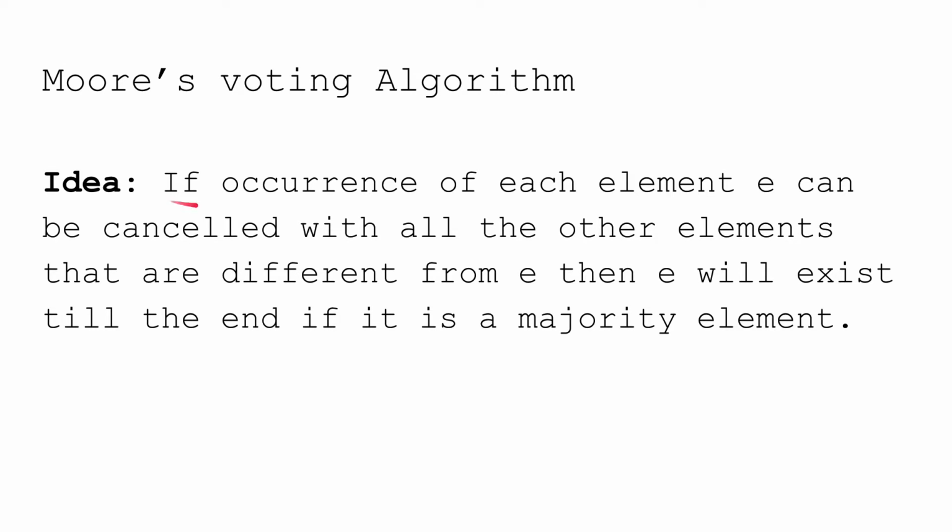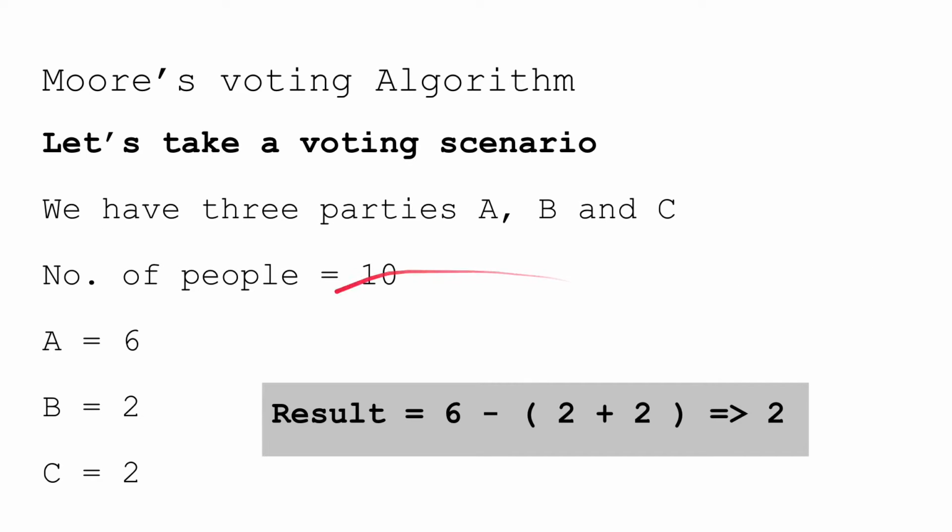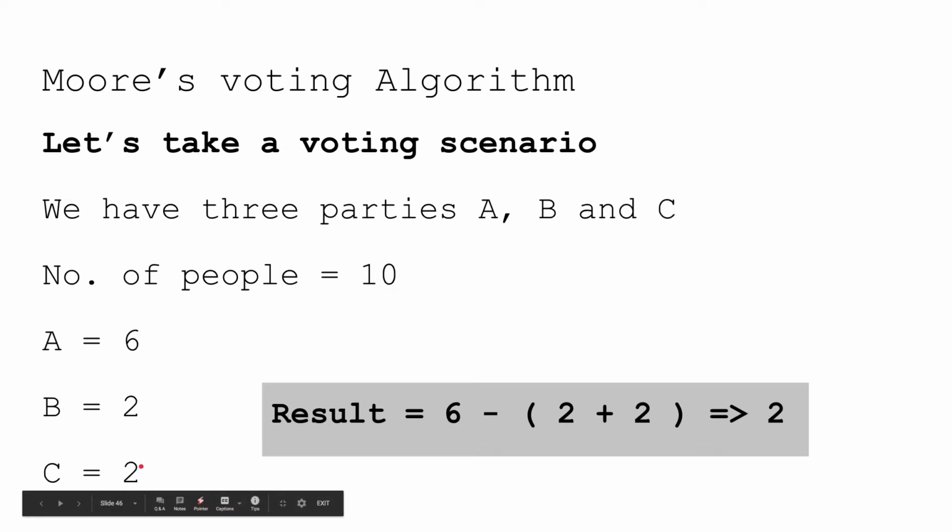It says if the occurrence of each element E can be cancelled with all other elements that are different from E, which means that in this voting scenario, some people have voted for A, some for B and some for C. As we know that these two can make an alliance, here we have 4 votes which are different from this vote, right? So if we cancel these 4 votes, if we subtract 4 from 6, we will still have 2 votes extra over here, right?